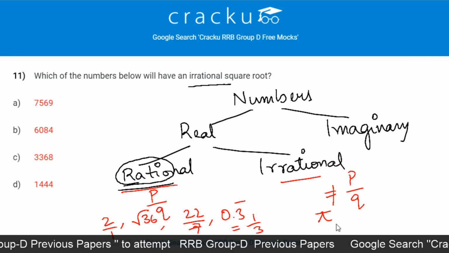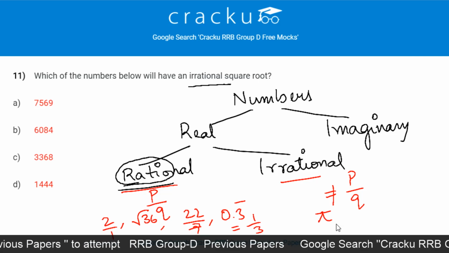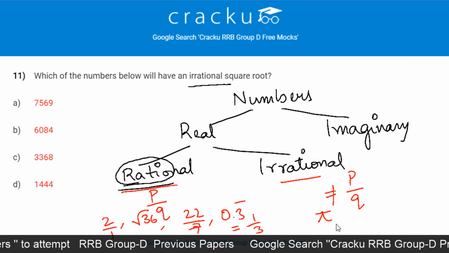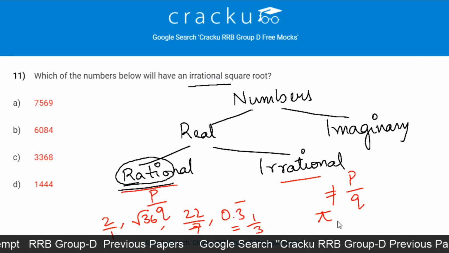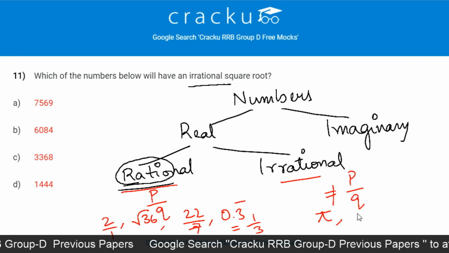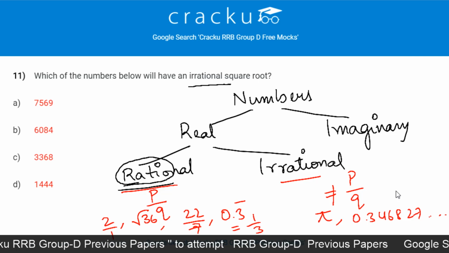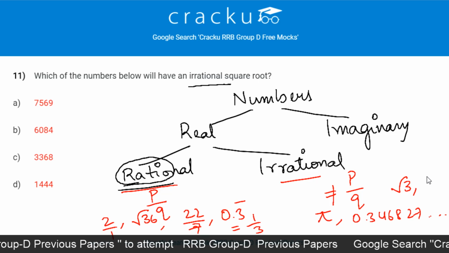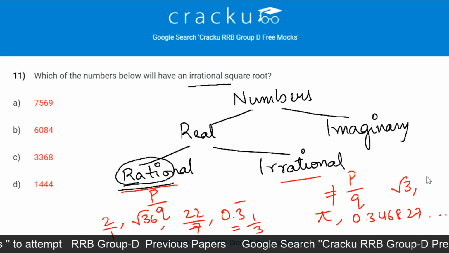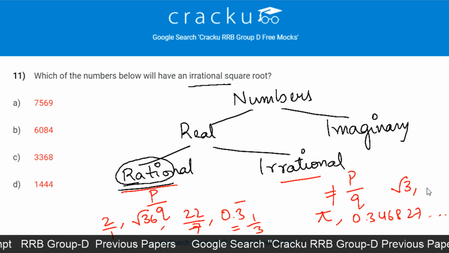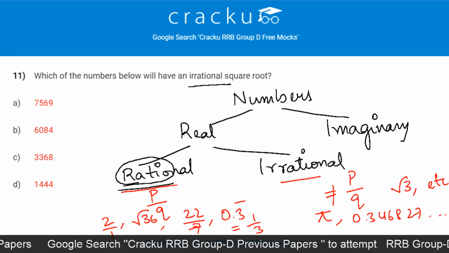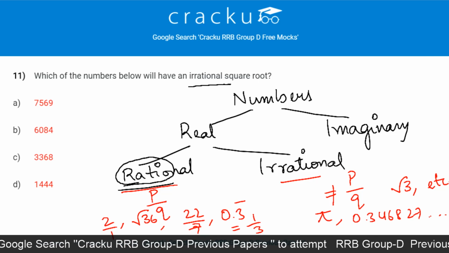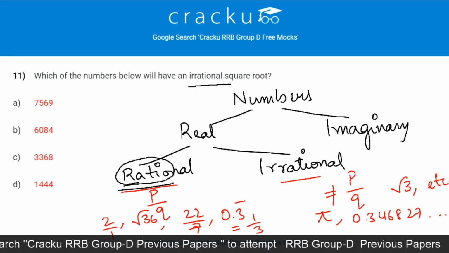It's not exactly equal to 22 by 7, it's approximately equal to 22 by 7. And then followed by non-recurring decimals and root over numbers which are not perfect squares, etc.